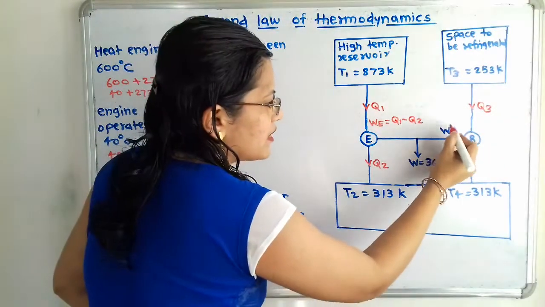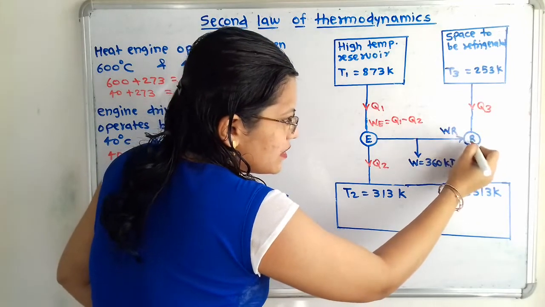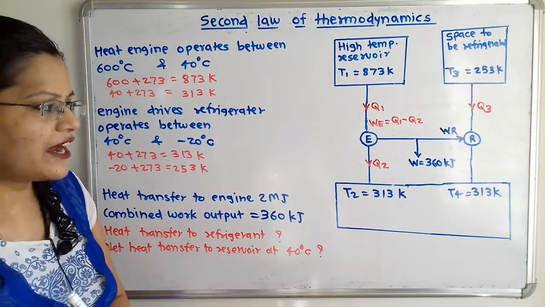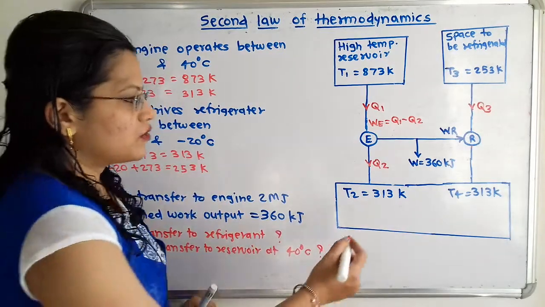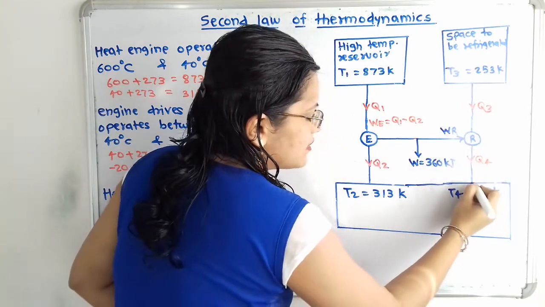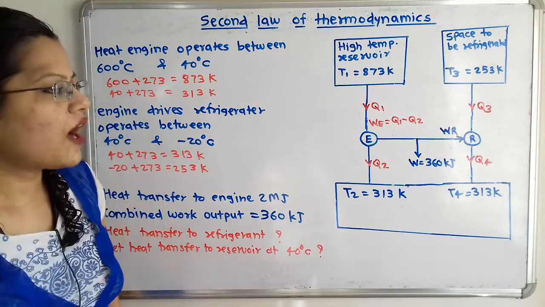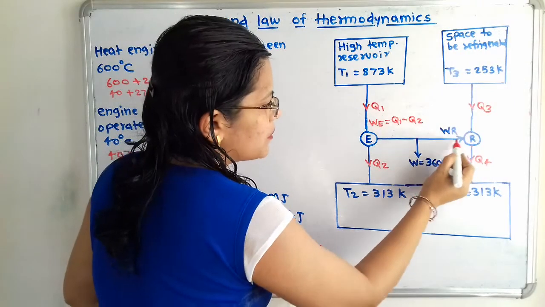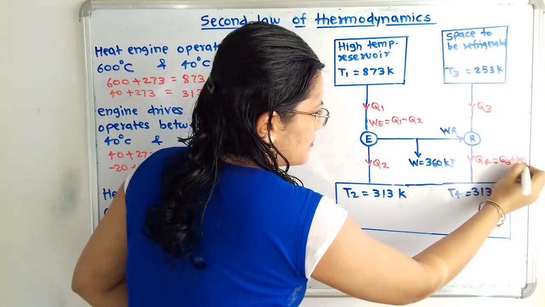Now the input work is WR, and the heat transfer to the atmosphere at 40 degrees Celsius, corresponding to T4, I will call Q4. So how can we write Q4? If we observe, Q3 is an input and WR is an input, so Q4 is equal to Q3 plus WR.